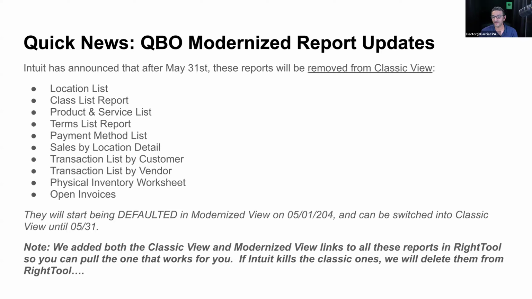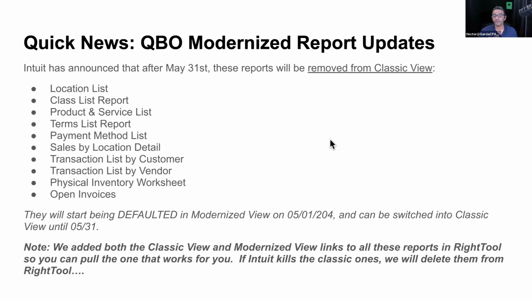This is the very first time where they've announced that they're going to delete, kill, completely remove access to a set of reports. So after May 31st, the reports you see there on the slides, location list, class list, product and service list, terms list, payment method list, sales by location detail, transaction list by customer, transaction list by vendor, physical inventory worksheet, and open invoices will no longer work in classic view.